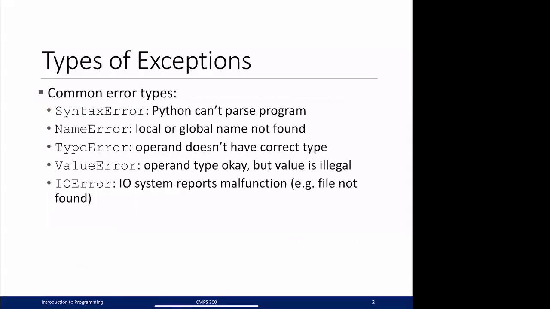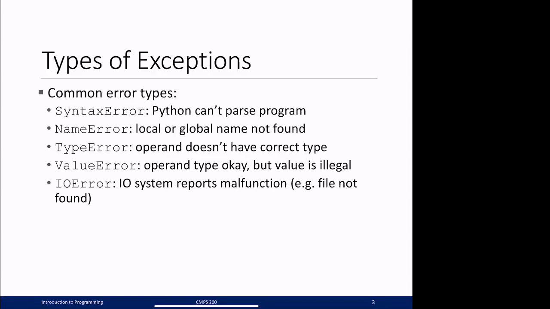So the types of exceptions, the common ones: syntax error. Basically, Python cannot parse the program, so you're writing code that has some error in its syntax. We have the name error, as we said: a local or global name not found in your program that you're trying to use. Type error: an operand doesn't have the correct type.